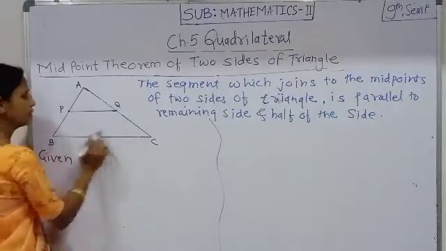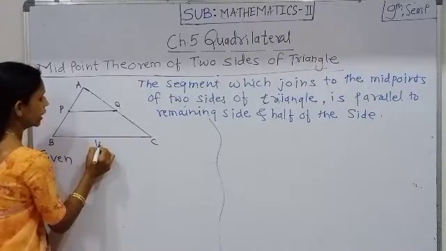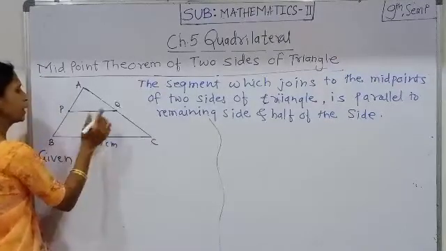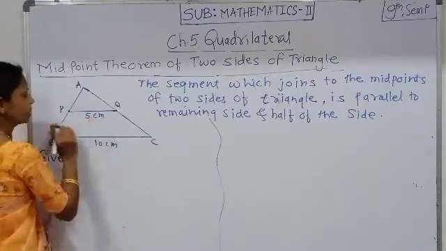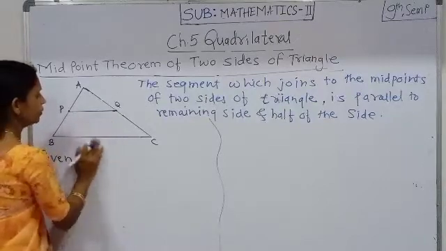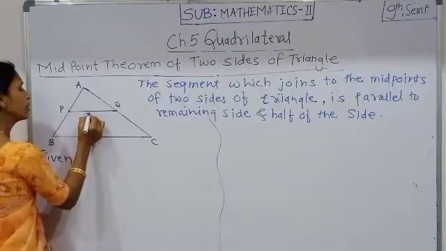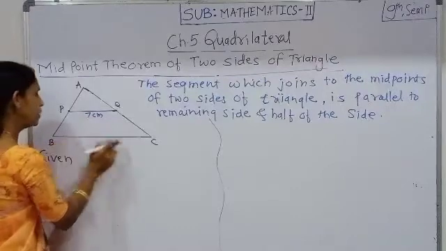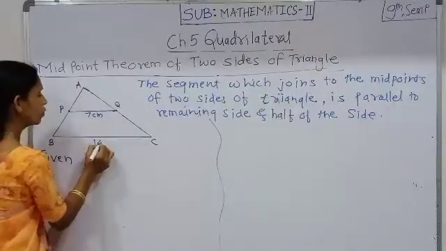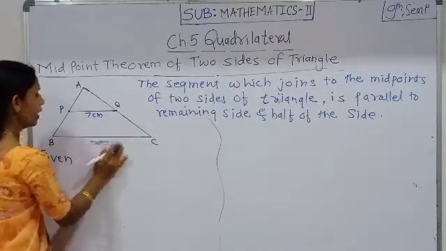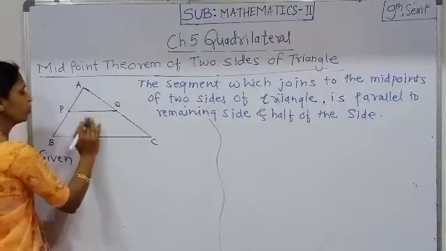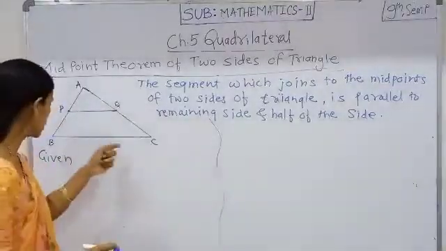That means if BC is 10 centimeters, then PQ is 5 centimeters, and if PQ is 7 centimeters, then BC is 14 centimeters. This property we have to prove here.